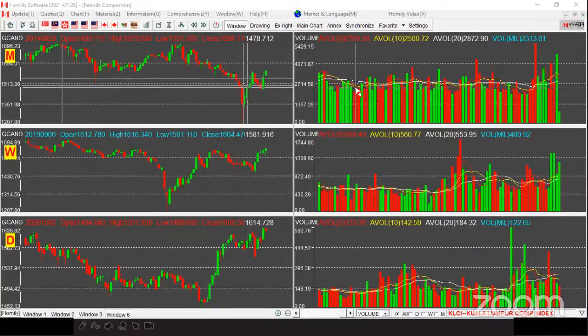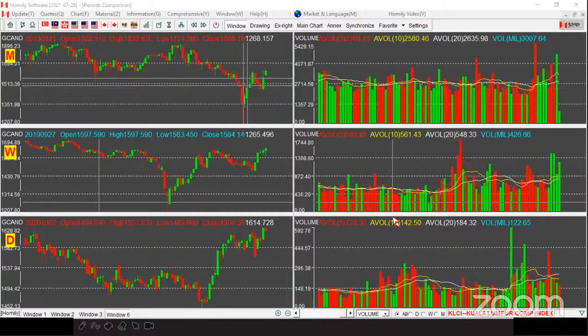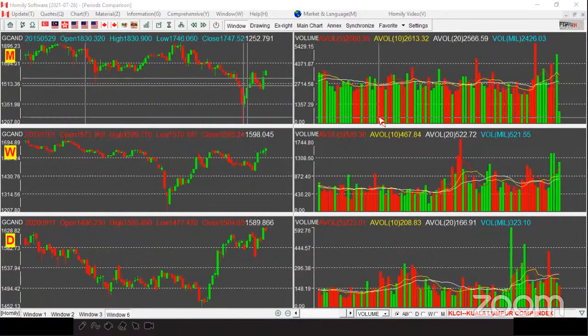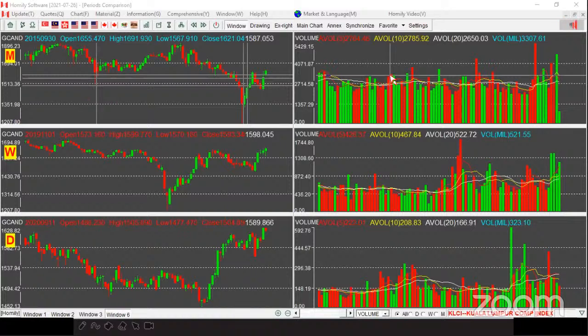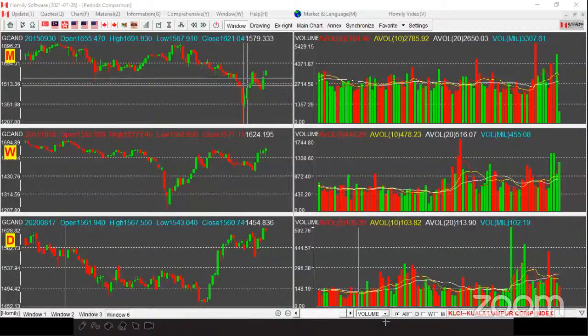So for the monthly chart, we said we need to use MACD, right? So here we need to change the monthly chart's corresponding indicator into MACD. So how can we make it? In the bottom area over here, you can see we need to choose M first. The default one is all.